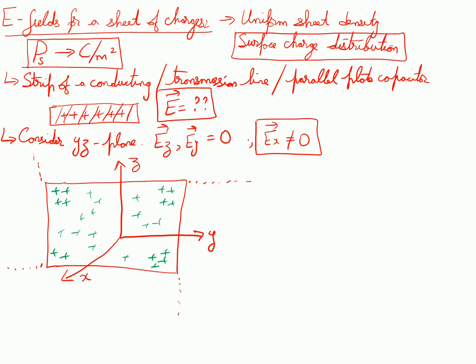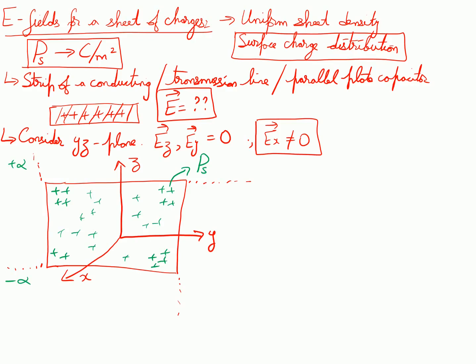So we know that all these sheet charges can be represented by one variable, that is the surface charge distribution. So these are the sources of charges and these are infinite, so I'm just going to write the infinite ranges.